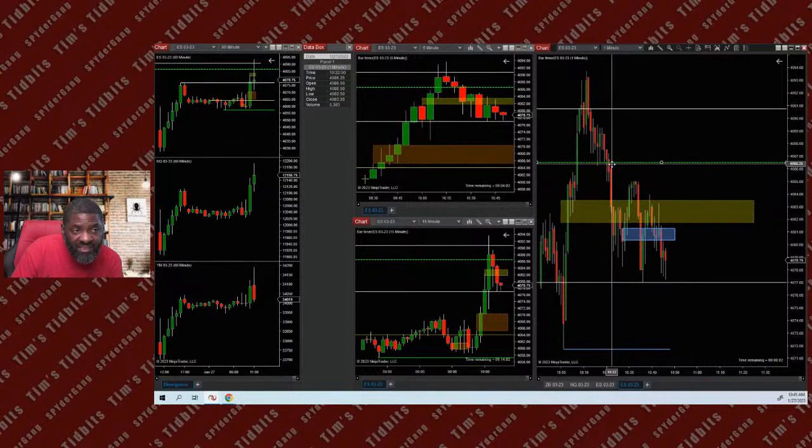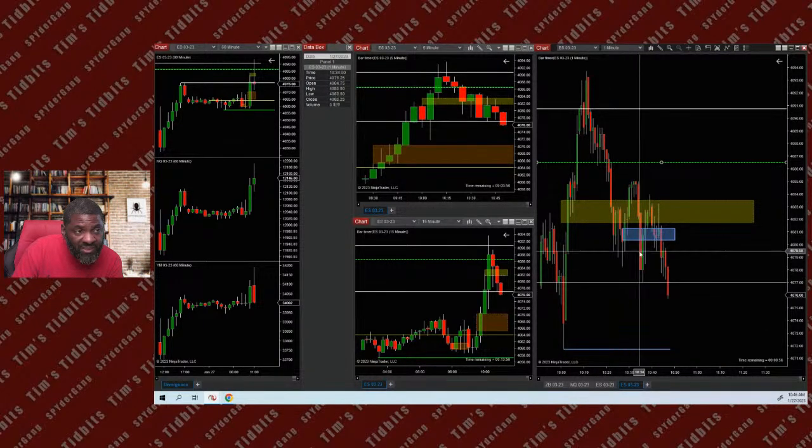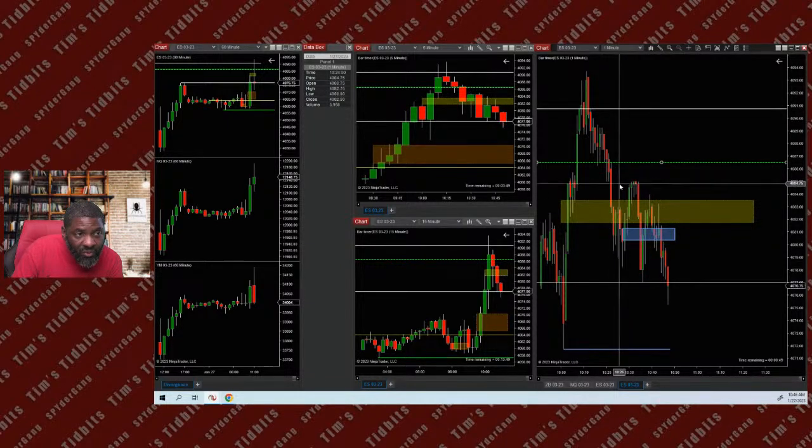So again, he's looking for the sell side the same way I was, but the way I was looking, I needed this right here to hold up. It's being a formidable foe making these flat tops, and I didn't want to see this touched to go down here. That's the same thing he's saying with this right here.